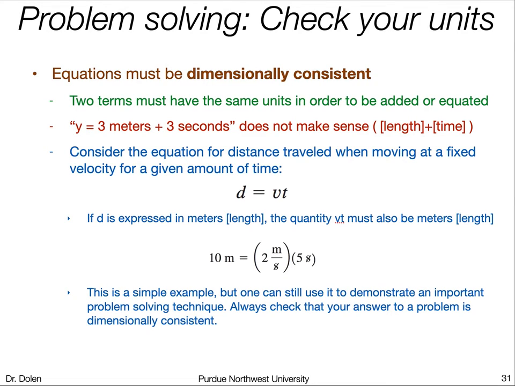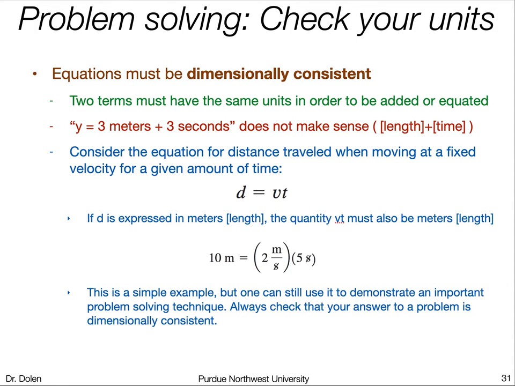One other quick statement I want to make about units is when you're solving problems in this class, you want to make sure that your answers are dimensionally consistent. Right? What does that mean? When you're adding terms, first off, make sure that you're adding or subtracting things that have the same units. It doesn't make sense to say 3 meters plus 3 seconds. You can't add length plus time.